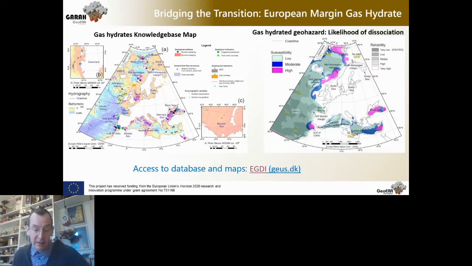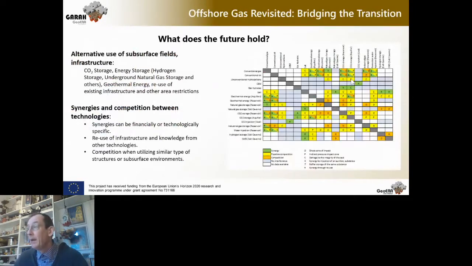As the last thing that we did in the GeoERA project, we wanted to map out what the future of the North Sea holds in terms of data, structures, and knowledge that we have. This matrix to the left shows that we have mapped out synergies between different alternative uses like storage capacities of CO2 or hydrogen storage, and where there are potential synergies or competition.